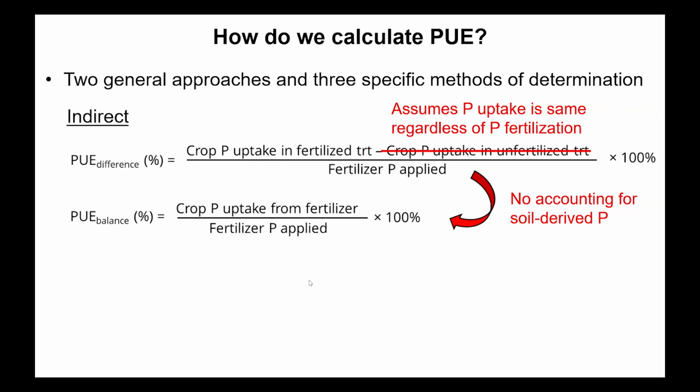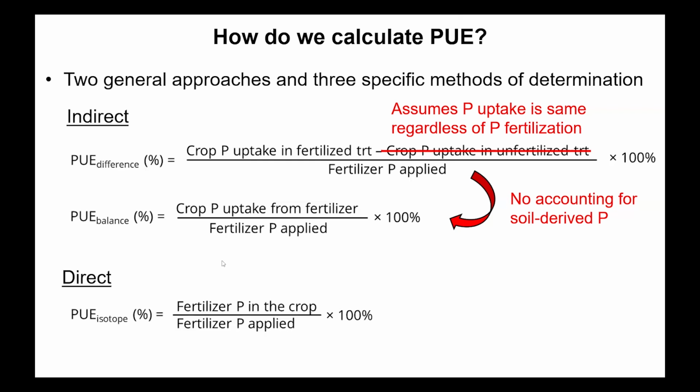You're welcome. These then are the two indirect approaches. The third approach is direct, which is using isotopes. So for this, we can use 33P or 32P. These are radioisotopes, which means that they give us extremely high sensitivity. We're counting individual atoms of phosphorus decaying with the half-life of 25 days for 33P or 14 days for 32P.